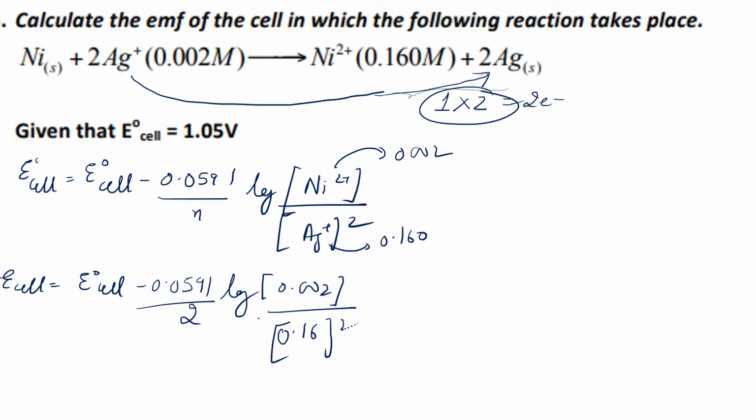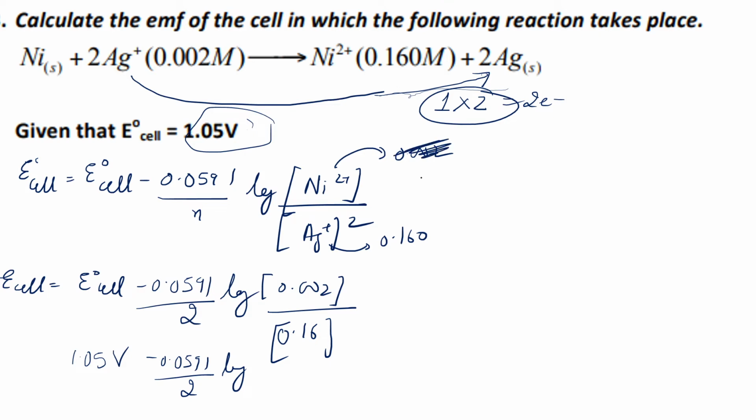Okay. So what is the E naught cell value they have provided? They have provided E naught cell is equal to 1.05 volts minus 0.0591 by 2 log of, solving this equation you will be getting, okay, I wrote it wrong.